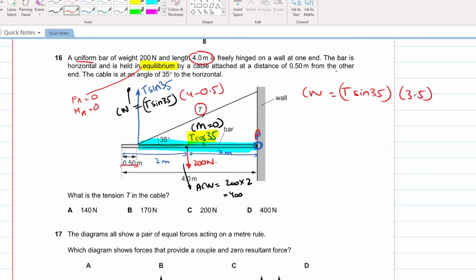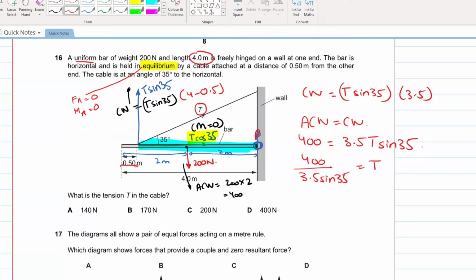Since we know the object is in equilibrium, then anti-clockwise moment will be equal to clockwise moment. Anti-clockwise is equal to 400. What are clockwise? 3.5 T sine of 35. 400 divided by 3.5 sine of 35 is equal to your tension.